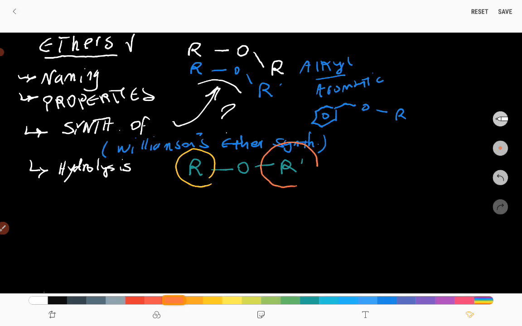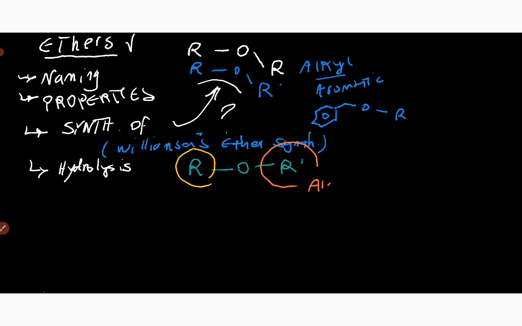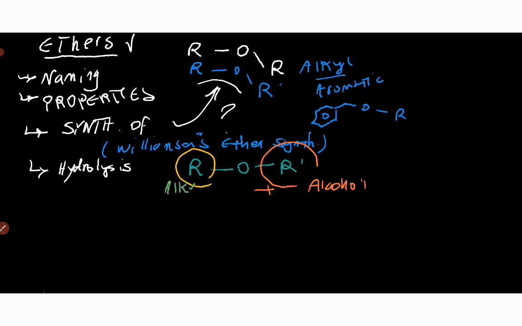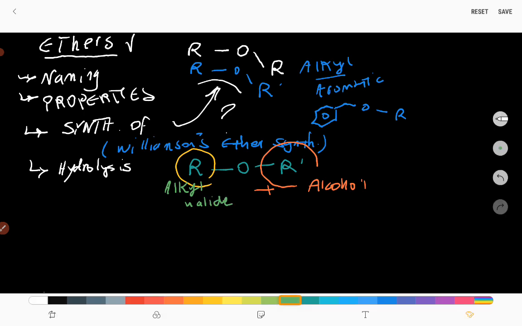We talked before, for example, about how you can have an alcohol react with an alkyl halide and form the ether molecule. Now you can split the ether into the alkyl halide and the alcohol with a hydrolysis reaction.